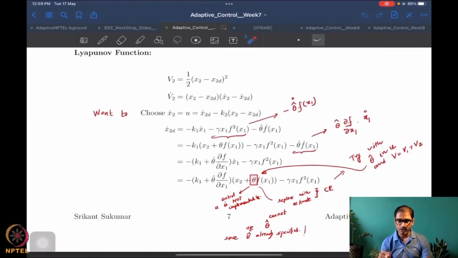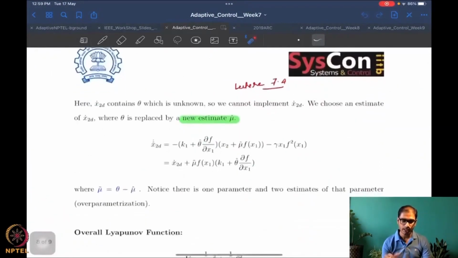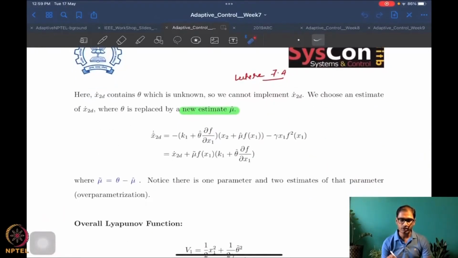So obviously we don't want to use a theta hat again because we already have specified an update law, and it will create an error in the analysis. So instead of theta hat, we put in a new estimate mu hat for the same quantity theta. We have two estimates, theta hat and mu hat. With that, we declare this new variable as x2 desired hat dot instead of x2 desired dot.